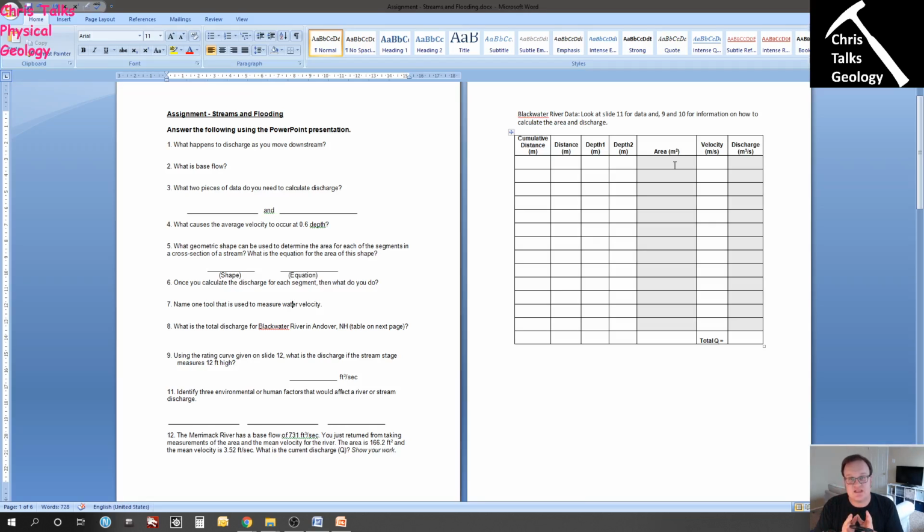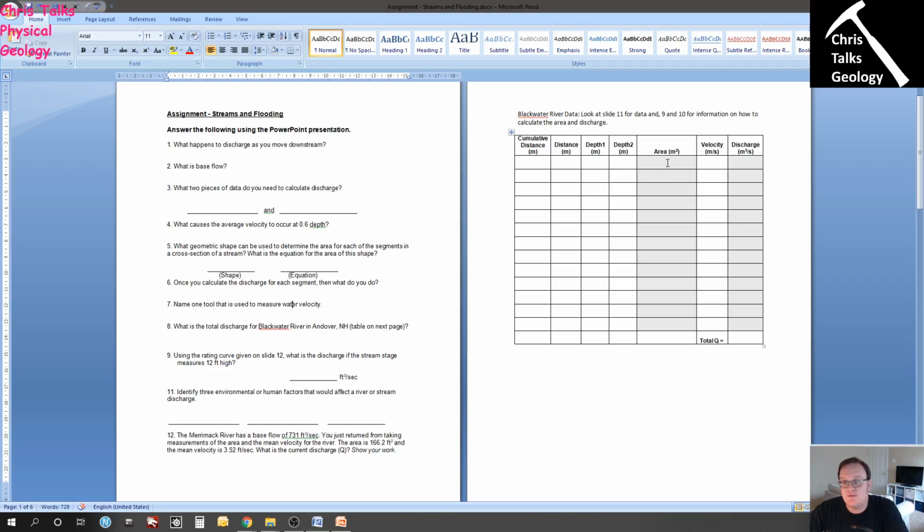Add the two depths together and get that answer. Then divide by 2 to get the second answer, then multiply by the distance. Don't try and type it into your calculator all at one time unless you're using brackets, because you will get an incorrect answer. Okay, so please make sure you do it step by step. Don't try and rush it and plug it all into your calculator in one go.